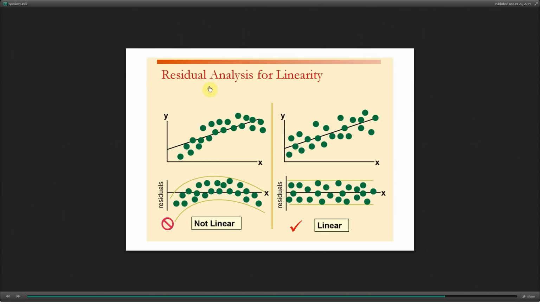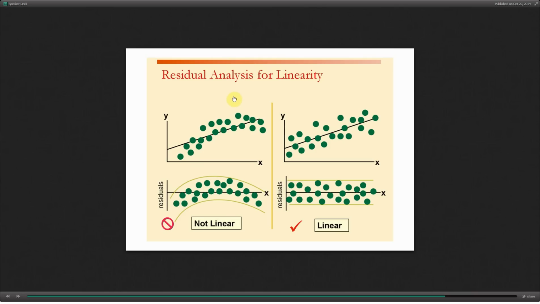Okay, so let's talk about looking at residuals as an analysis for the linearity assumption. The linearity assumption is that the model we are using is in fact a linear model. In other words, that x is related to y according to the formula y equals the intercept plus the slope times the independent variable.